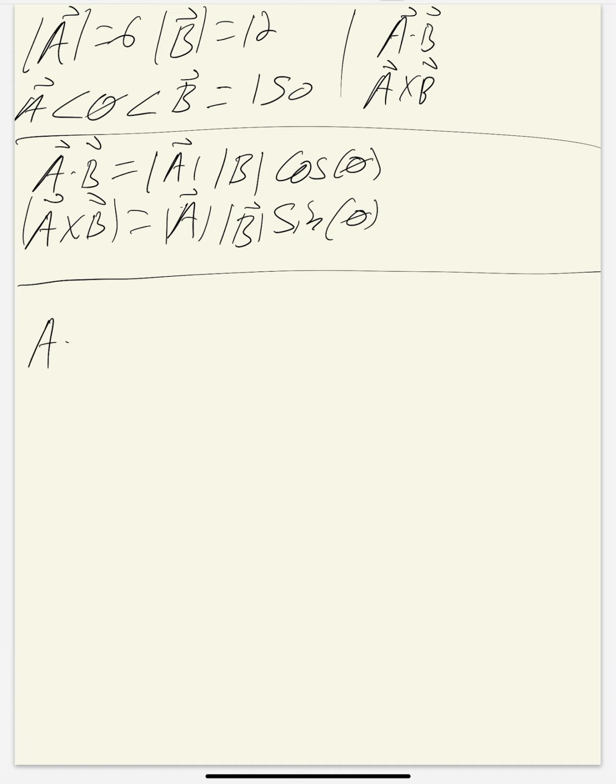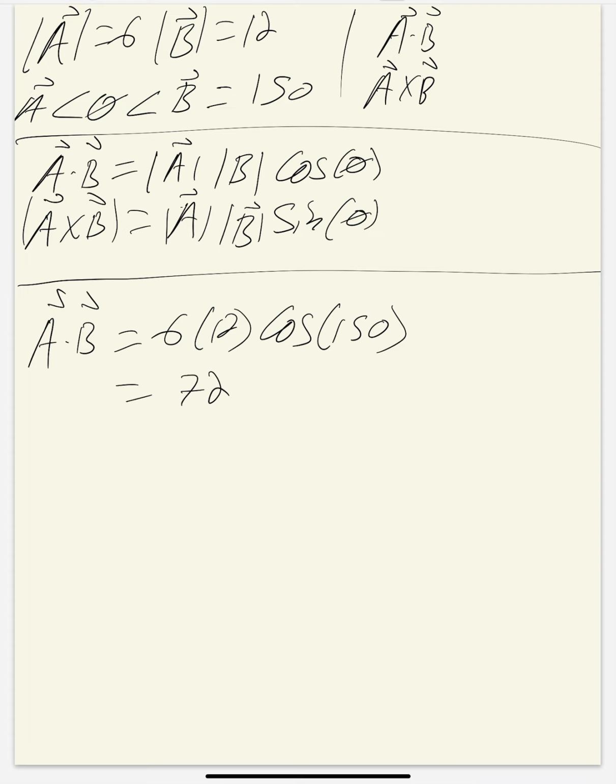So to find the dot product of A times B, we know that the magnitude of A is 6, the magnitude of B is 12, and the angle between the two is 150 degrees. So we have the equation set up, and reducing this, it is 72.